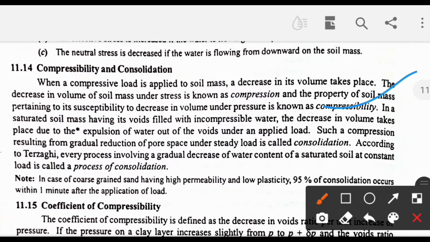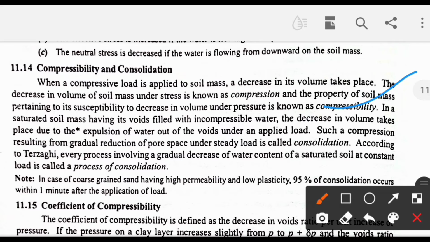Such a compression resulting from gradual reduction of pore space under steady load is called consolidation. According to Terzaghi, every process involving a gradual decrease of water content of a saturated soil at constant load is called a process of consolidation.